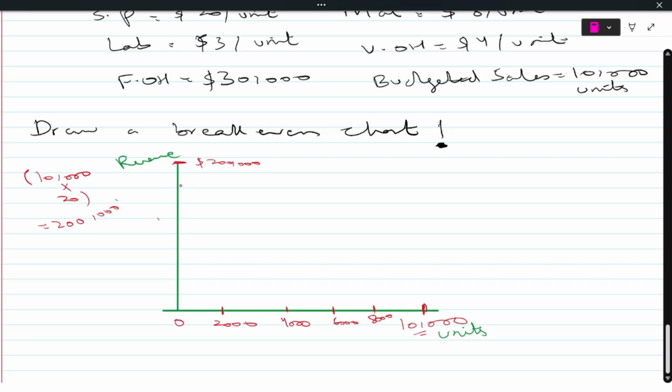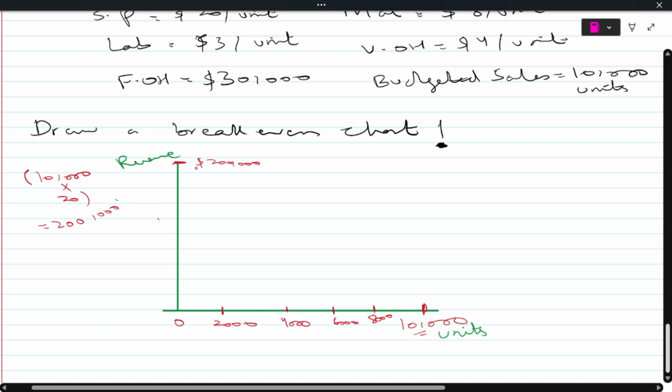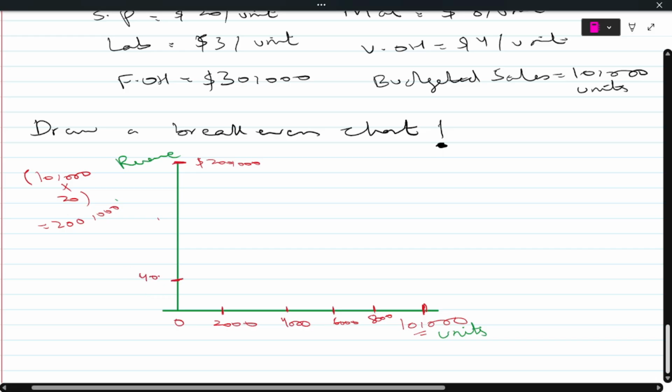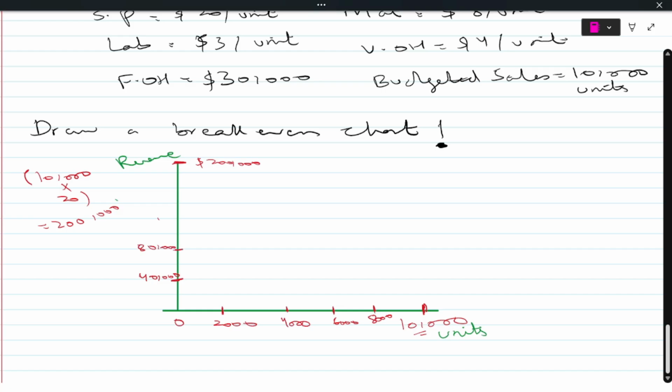Clear? And then obviously this is 0, right? So from 0 to 200,000 you can allocate the scale as you like. Okay, the way that I'm going to do it is like this. I'm going to write 40,000, 80,000, 120,000, 160,000, and then finally 200,000.